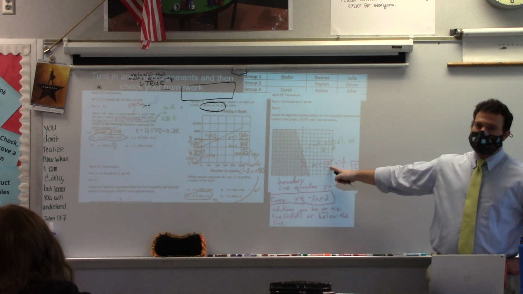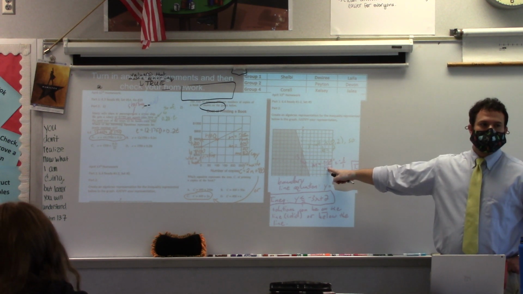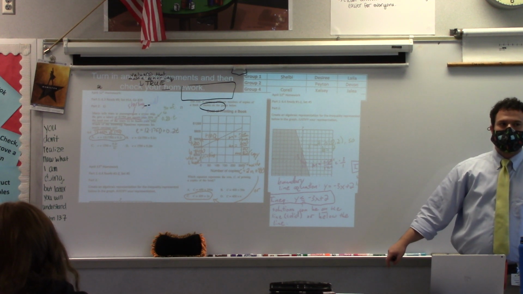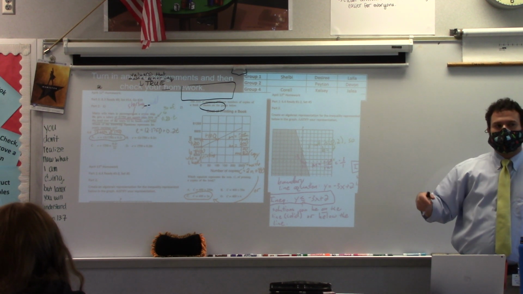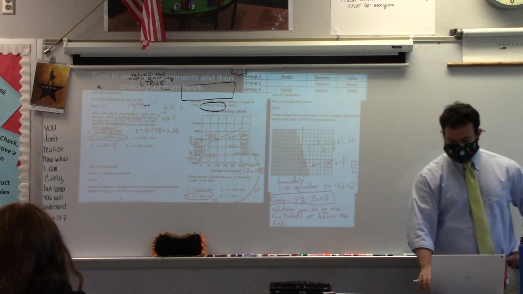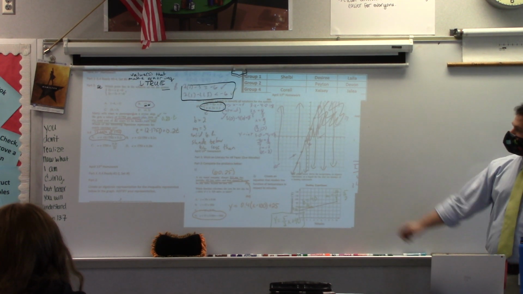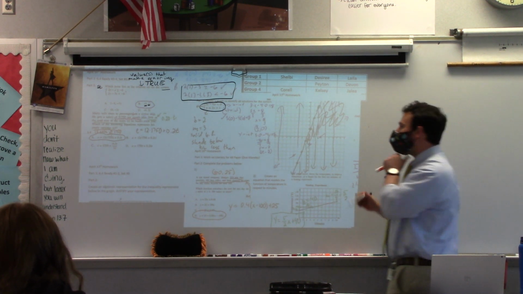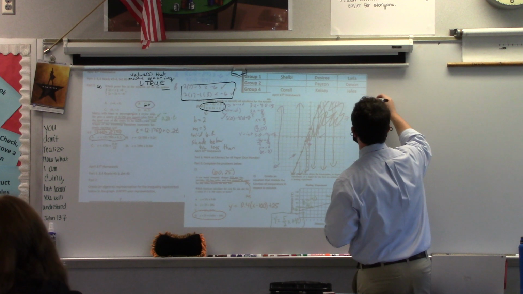What was the first thing I did here? Find your slope and your y-intercept. Of the what? Of the boundary line. When I was writing the inequality, I was looking for the boundary line. When I'm graphing, what am I going to look for? So what's the first big picture note that we need to make?